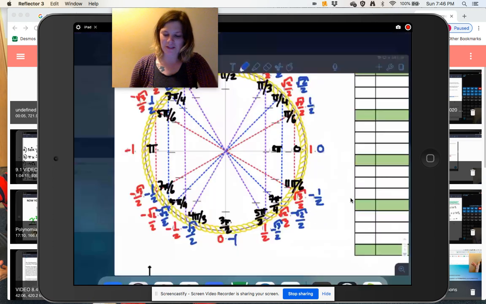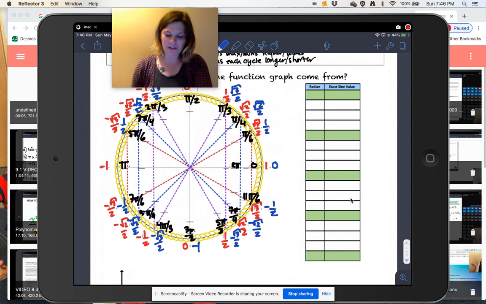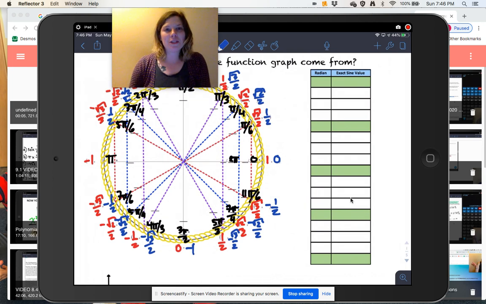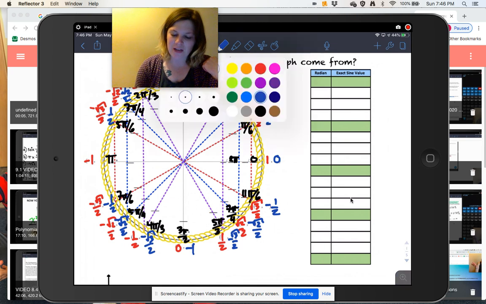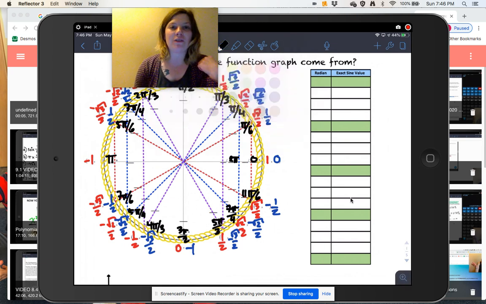All right, so here's our unit circle because we don't need the degrees. And what we're going to do is look at the unit circle, but we're just going to look at the sine value of the unit circle. So remember when we were finding the different values, we were figuring out where the different X and Y coordinates in the unit circle come from.